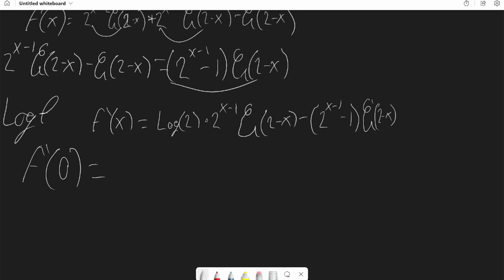It's going to be equal to log of 2 times, okay, so that's going to be 2 to the 0 minus 1. It's going to be 1/2. And divide by 1/2, or divide by 2. Then we get Riemann zeta of 2 minus, okay, that's going to be 2 to the 0 minus 1, so that's going to be 1/2, then minus 1, so it's going to be minus 1/2.